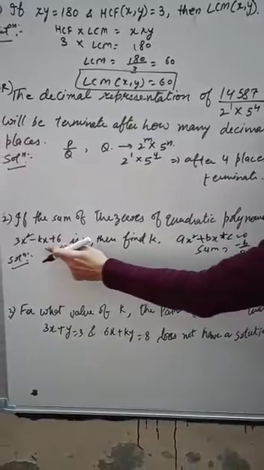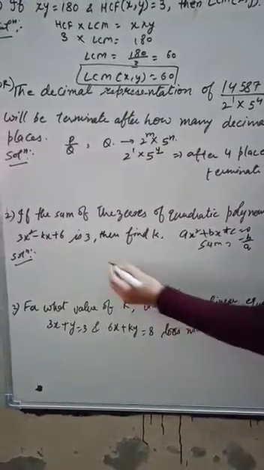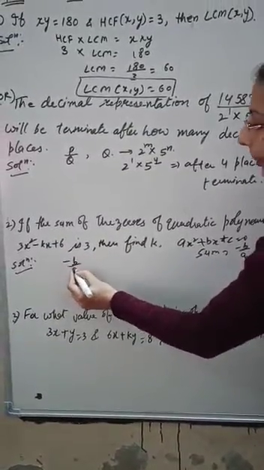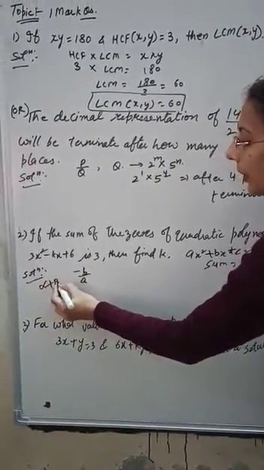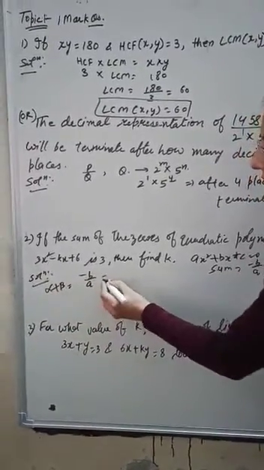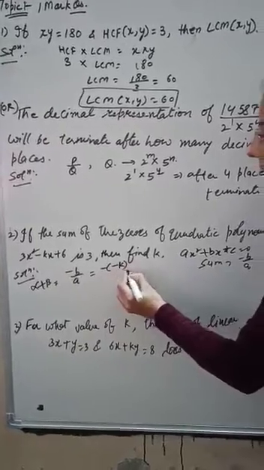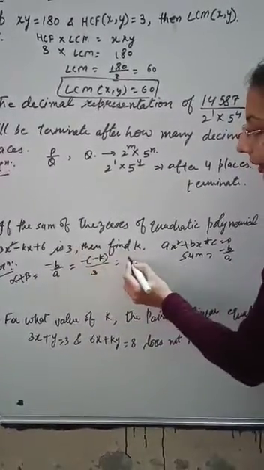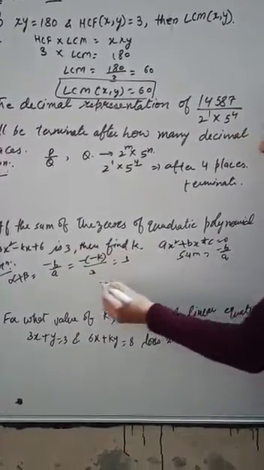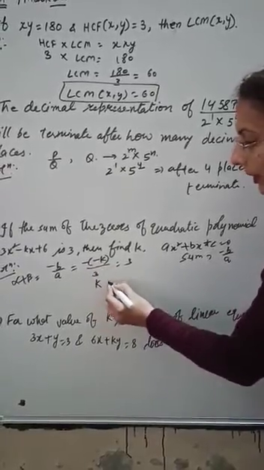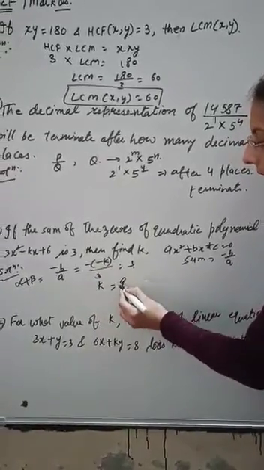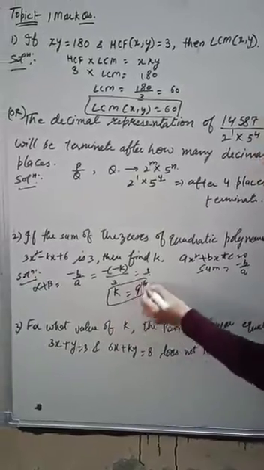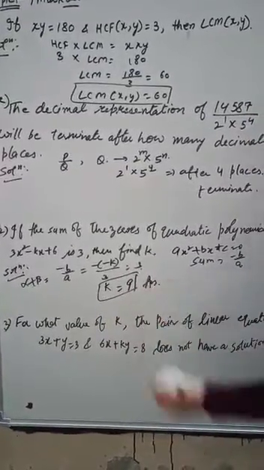Let alpha and beta be the zeros, then alpha plus beta is equal to minus of minus k upon 3. It is given that this is 3, and we have to find the value of k. So minus and minus becomes plus, and on the other side, 3 threes are 9. So k is equal to 9 is the answer.